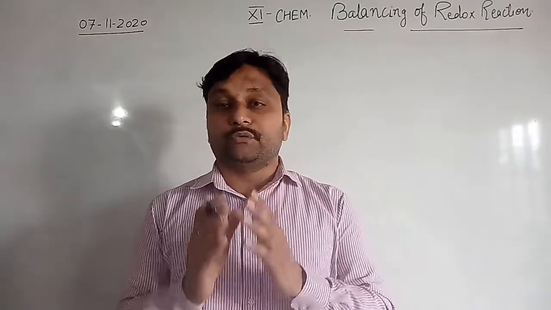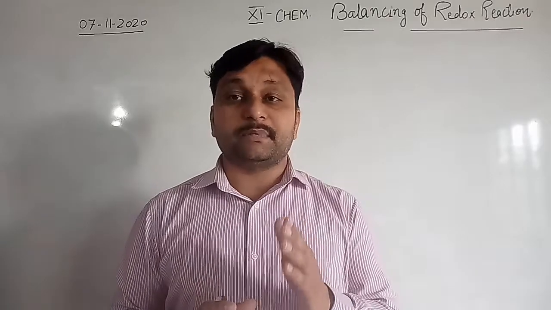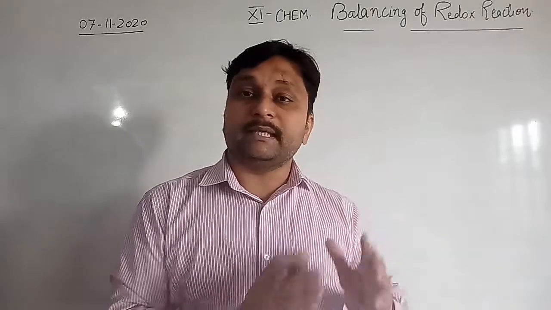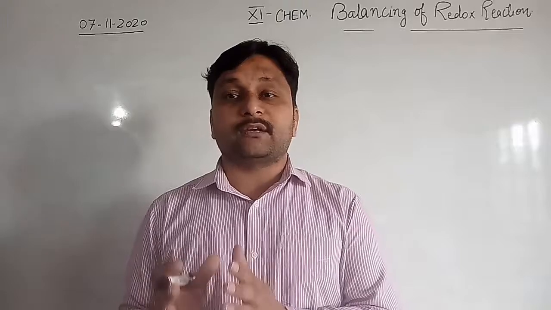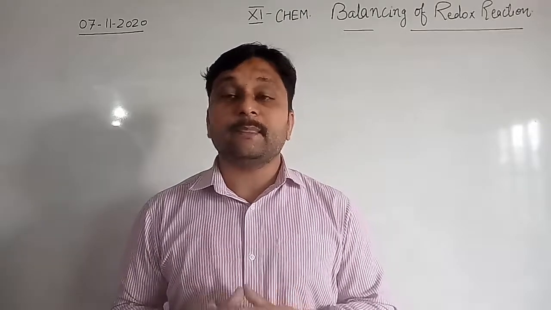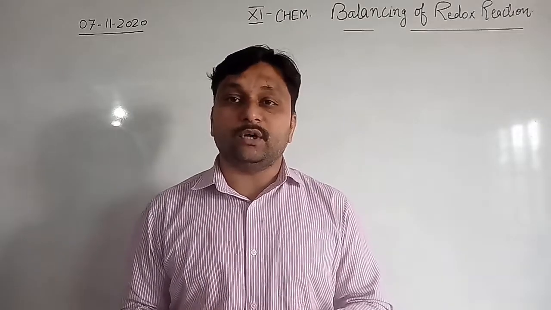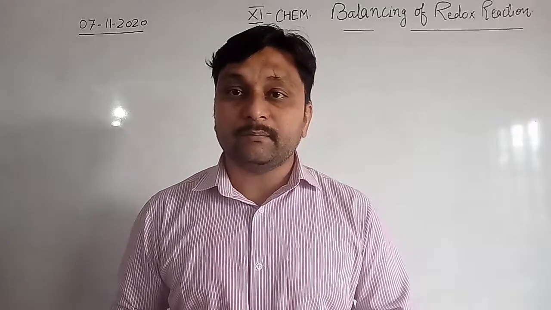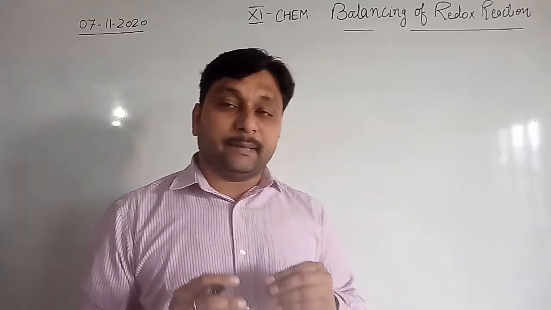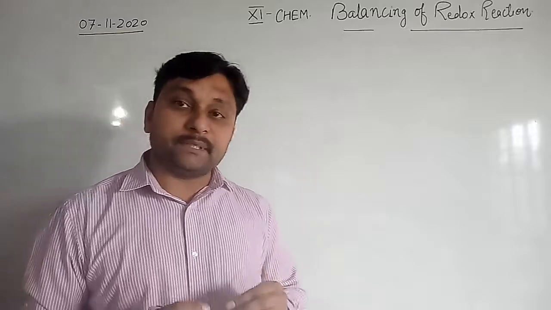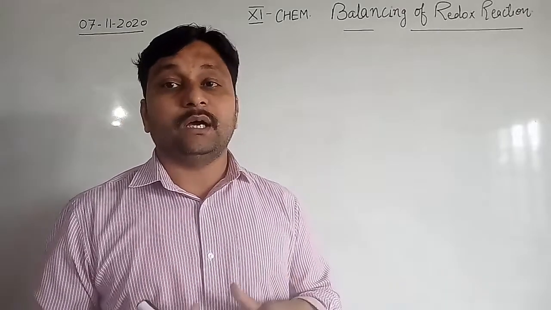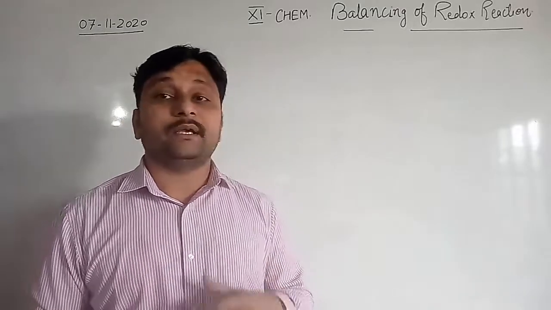Clear? So there are two different methods. One is the oxidation number method, and the second is known as the ion electron method. Clear? So now we start with the ion electron method. We write a chemical equation that may be in ionic phase or in molecular phase.